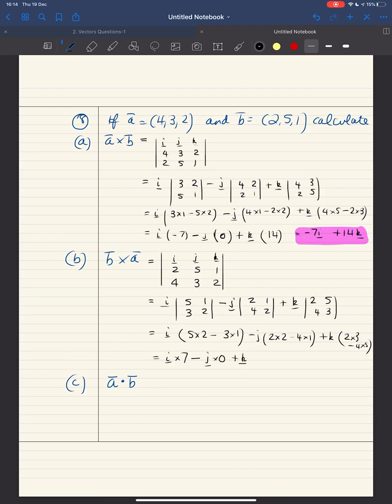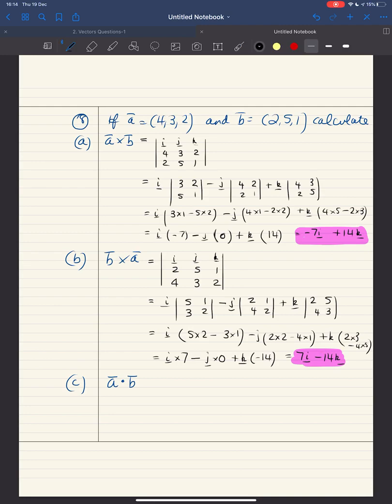Plus k, 6 minus 20 is minus 14. So this is 7i minus 14k. And so this here is the negative. Compared to the one above, minus becomes plus, plus becomes minus.